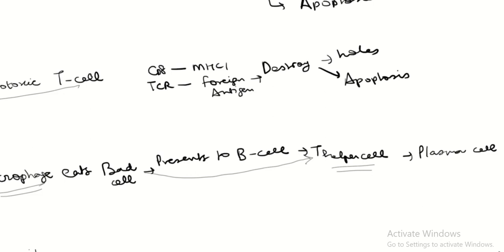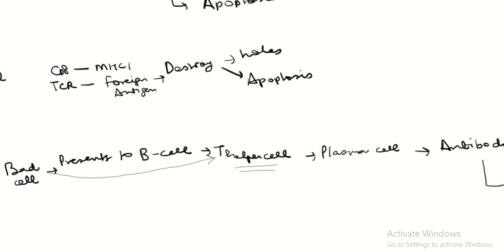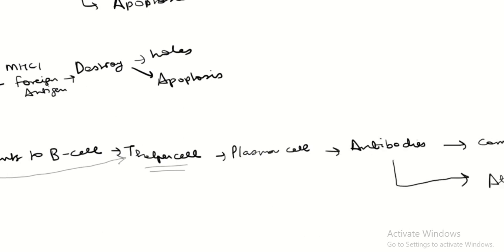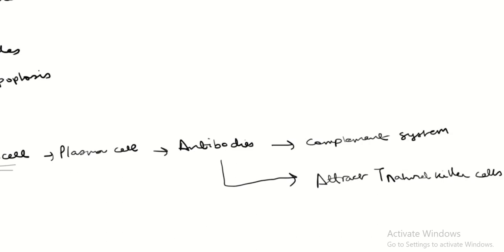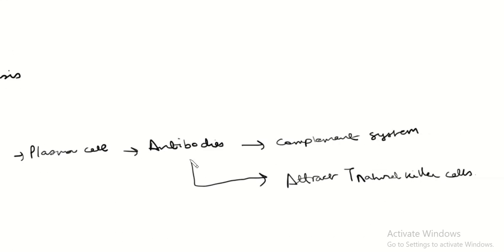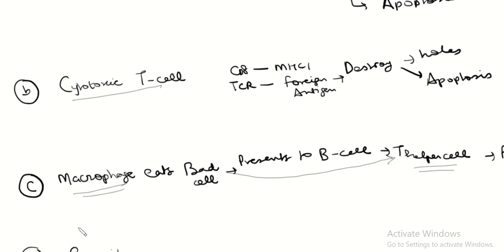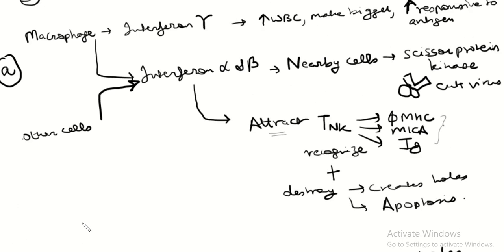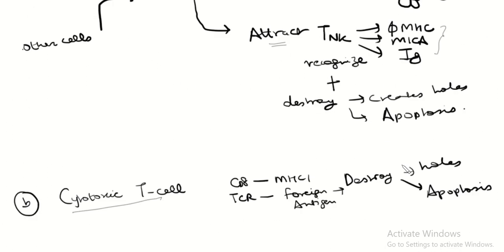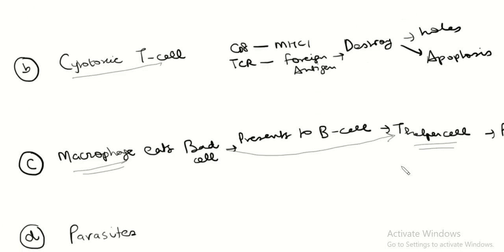Then the T helper cells cause lots of B cells and plasma cells, and they cause antibodies to be formed. Once the antibodies are formed, it's either the complement system and or T natural killer cells that come in and kill all the cells that have got that antigen on there. So there are three mechanisms. We have interferons that cause the viruses and tumor not to do their job, the cytotoxic T cells, and macrophages.